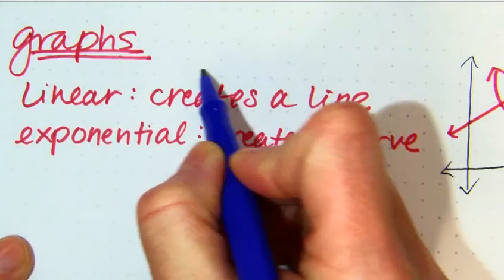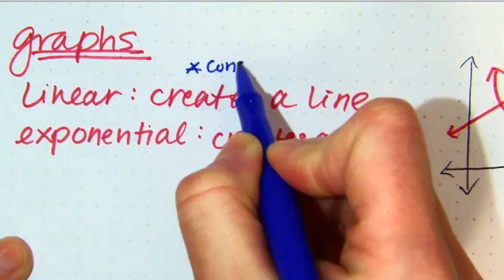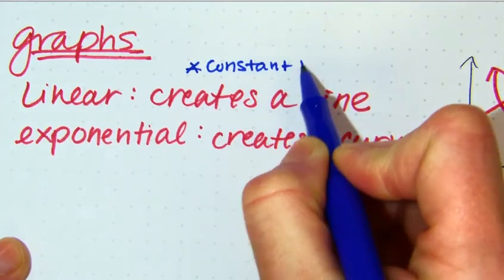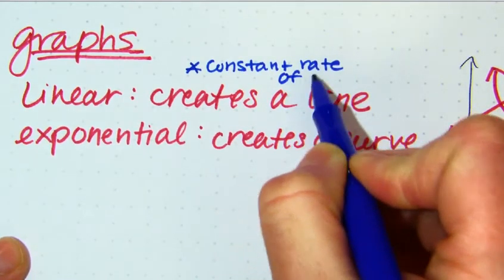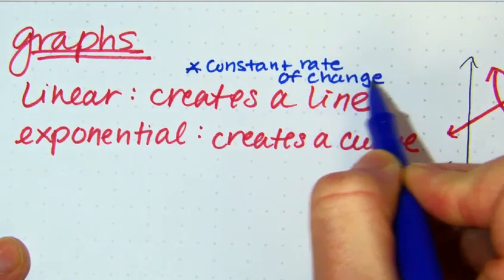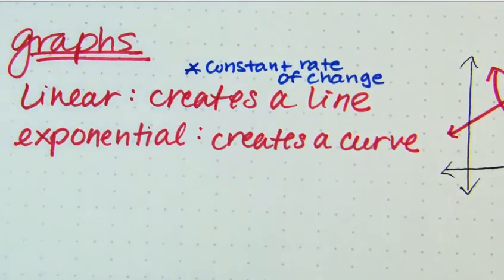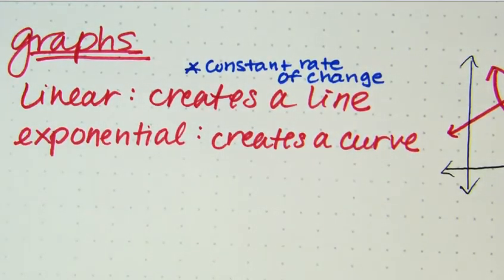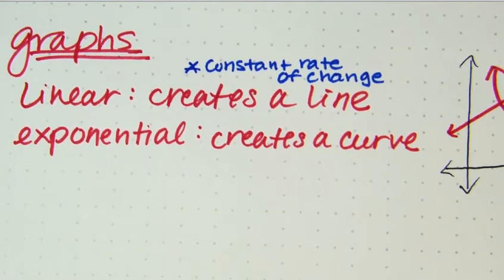Okay, so with our linear equations, we had a constant rate of change, right? So make a little note. Constant rate of change. That means the change didn't change, right? Or the rate of change doesn't change. No matter what 2 points you took on the line, the rate of change was the same. You can think of it as consistent.